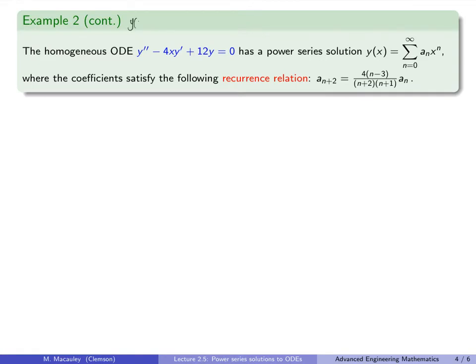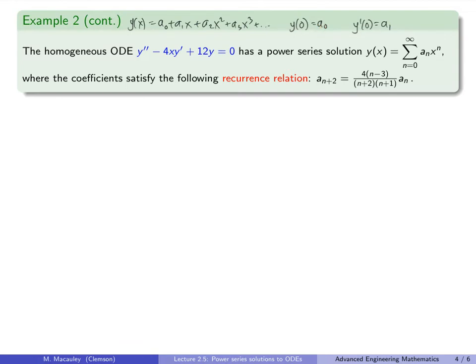Now notice that if the power series y(x) is a_0 plus a_1 x plus a_2 x squared plus a_3 x cubed, and so forth, notice that y(0) equals a_0, and y'(0) equals a_1. So if we think about what this means, a_0 is like the initial position.